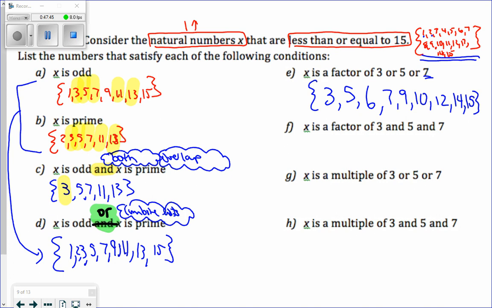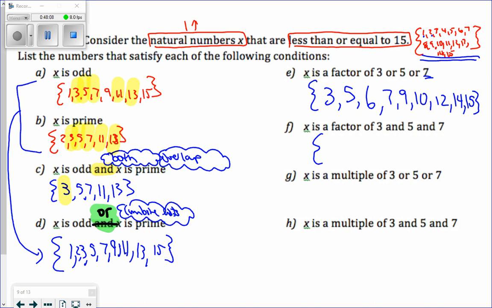Now look at the next one. X is a factor of 3 and 5 and 7. So what is a number in that list that would be considered a factor of 3, a factor of 5, and a factor of 7? Are there any? Nope.